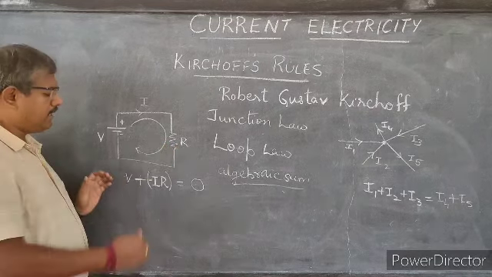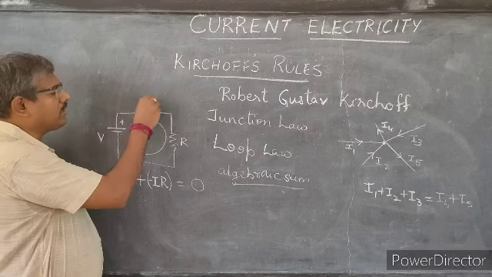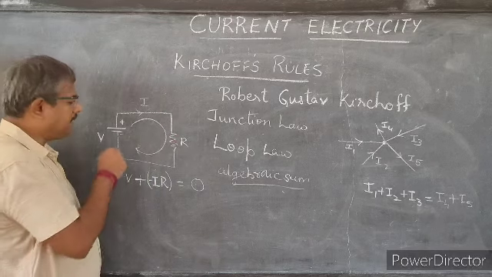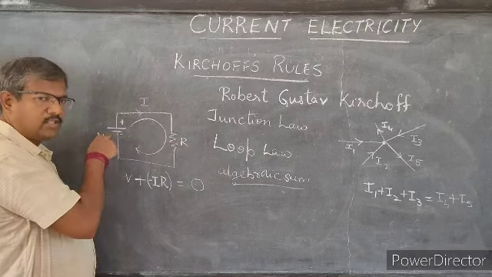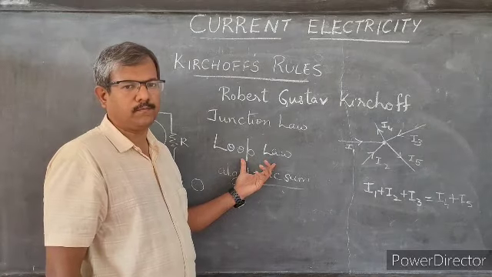If you consider this for a moment, this again should be very obvious because it is this potential source which is causing this current to move, and it's the presence of this source that's creating a particular potential difference across this resistance. So whatever potential difference is created across this resistance is because of this source. So eventually this and this should cancel out each other. So that's the significance of the loop law.